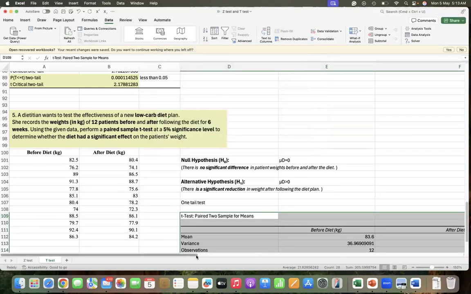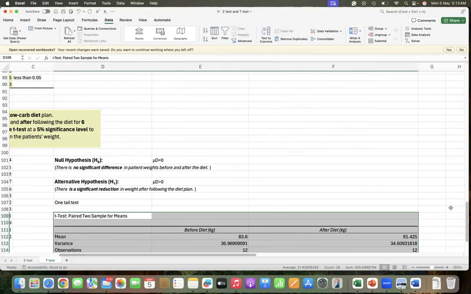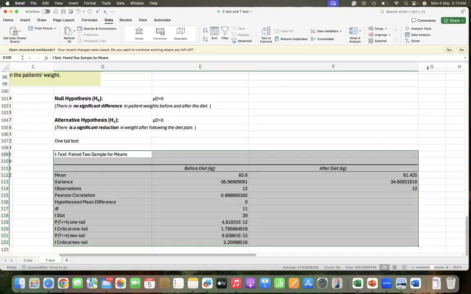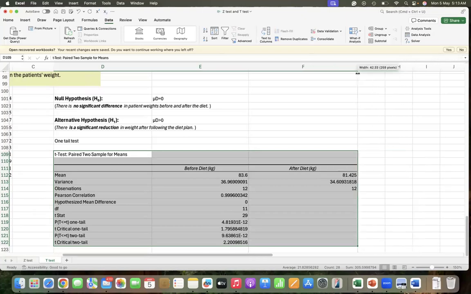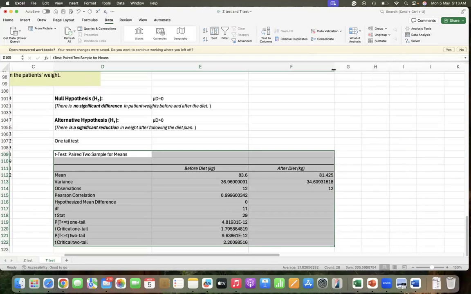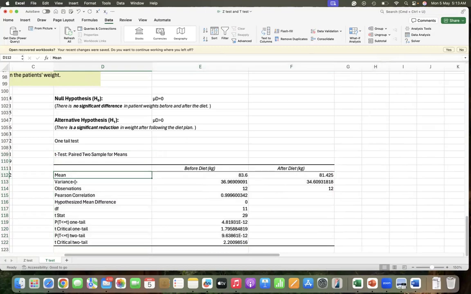Now we have the results with us. Let us look at the results. We have these things. You can look. These are the statistics which they have given for our data.